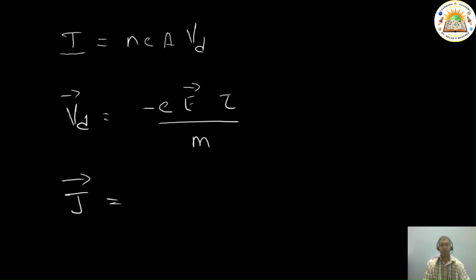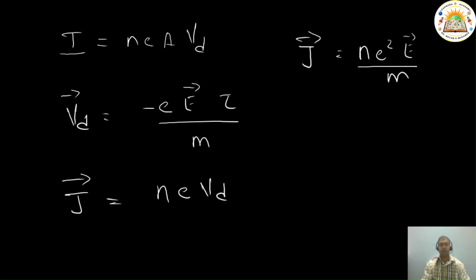So current density, since I have A here, I by A was NeVd, and on substituting the value of Vd, the current density now becomes Ne squared E by m times tau. Here I have taken the modulus of Vd. That means even though this is a vector, I am taking only the magnitude, positive sign, and not the negative value.